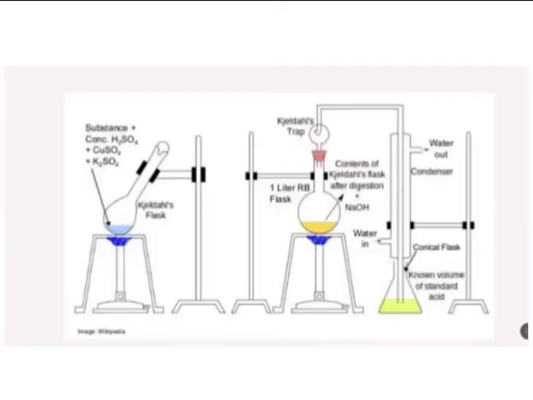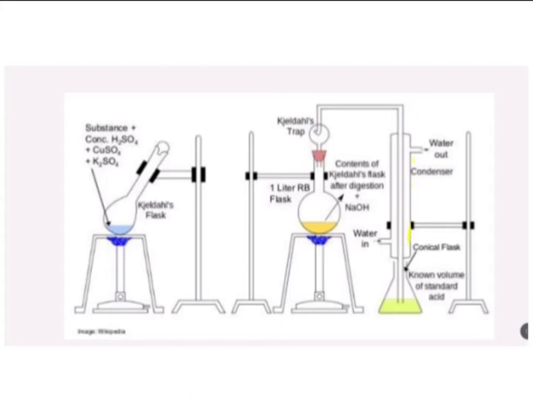Then this digested sample is collected in this second flask, and the capacity of this flask is around 1 liter. This is a round bottom flask, and it contains the Kjeldahl solution which is obtained after digestion. Now we have to add the NaOH solution into it. Then there is a Kjeldahl trap.